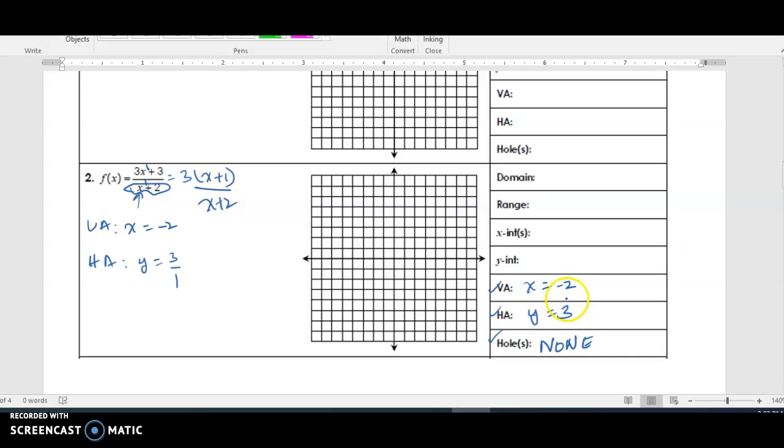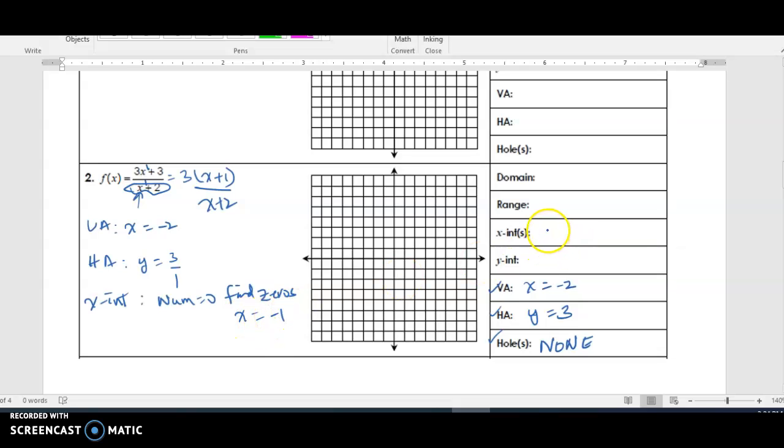Once we find this, it's easy for us to write the domain and range, okay? But before that, let's finish the x and y intercepts also. To find the x-intercepts, you would equate the numerator to 0 after cancelling, meaning you're finding the zeros from the numerator. So here, x plus 1, if you equate it to 0, you will have x equal to -1.